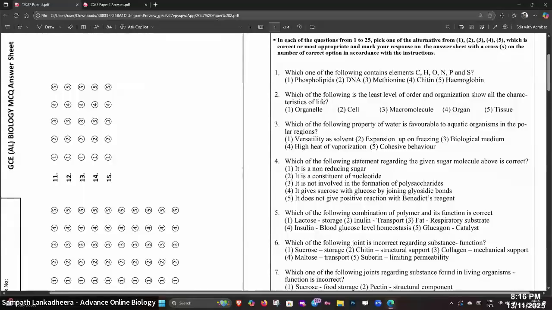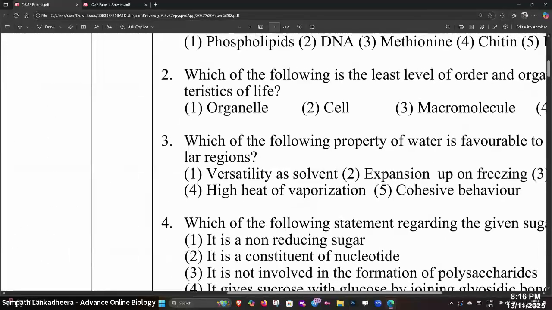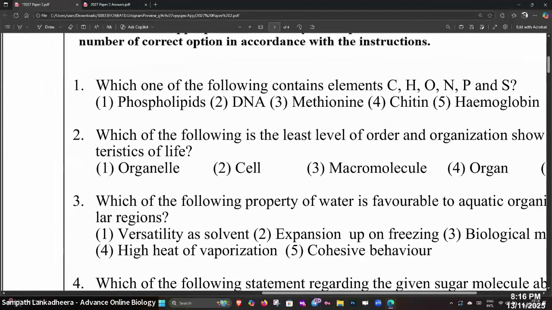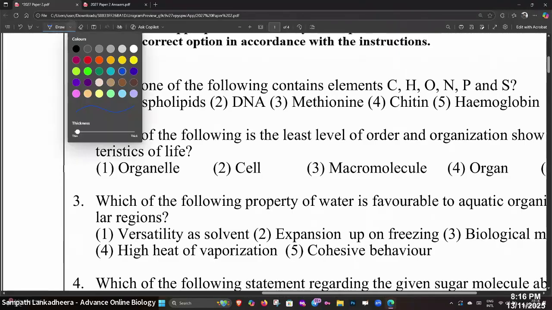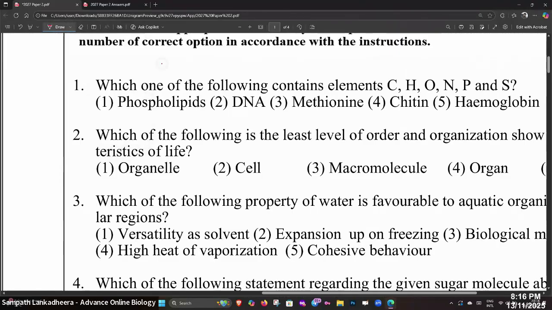So, phospholipids, people: phospholipids contain nitrogen, the choline part is there. If you take the components of phospholipids: carbon, hydrogen, oxygen, nitrogen, choline part is there, and phosphorus present.